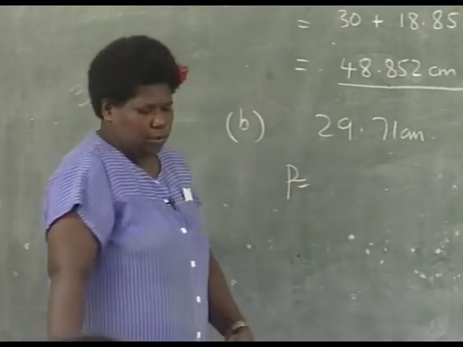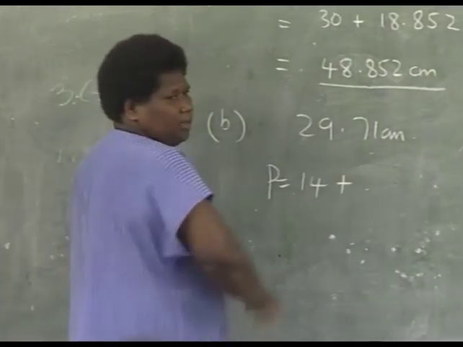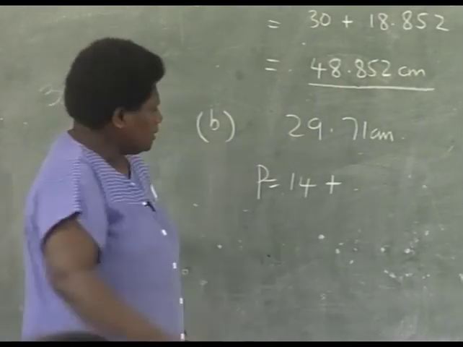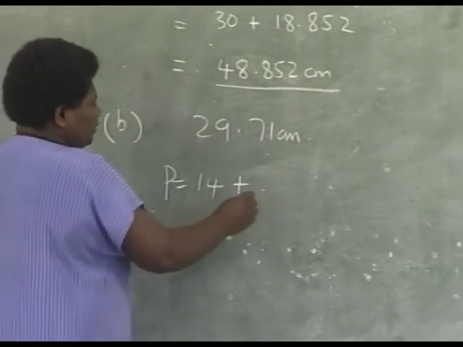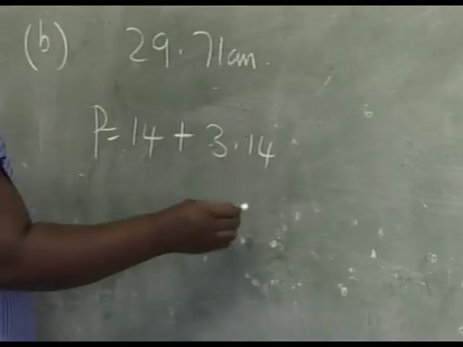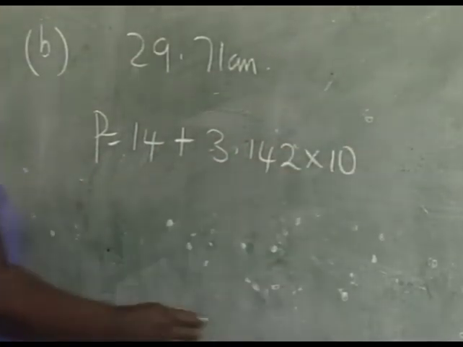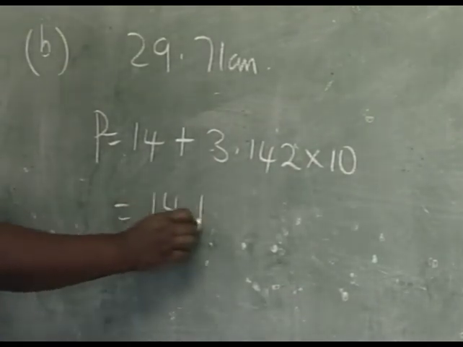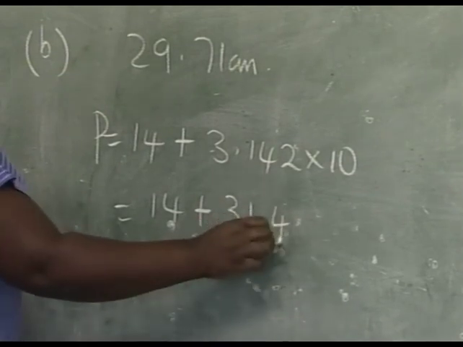Perimeter is equal to 7 plus 7, which is 14. And then there's an arc length again, which is half of the circle. So we are going to use pi d as well. So 3.142 multiplied by 10. So 14 plus 31.42.